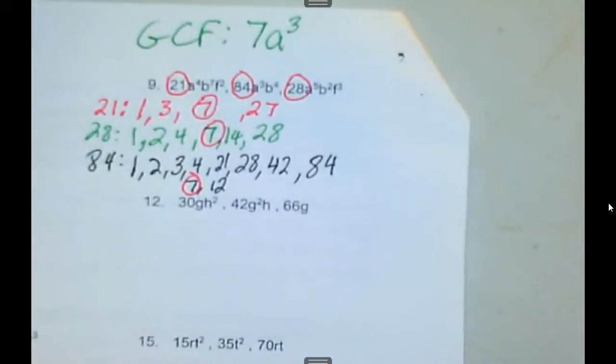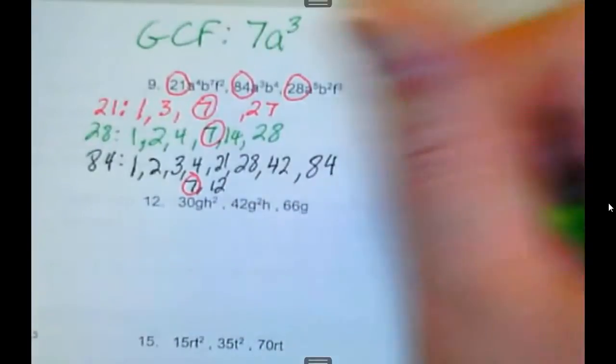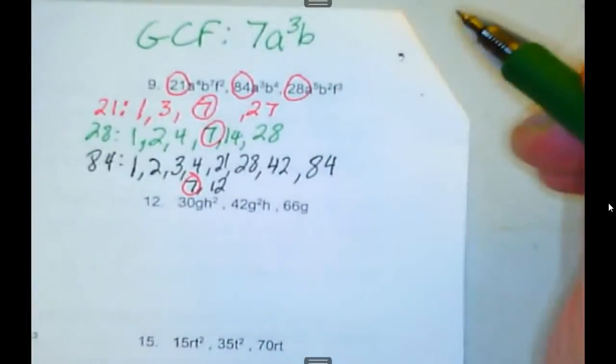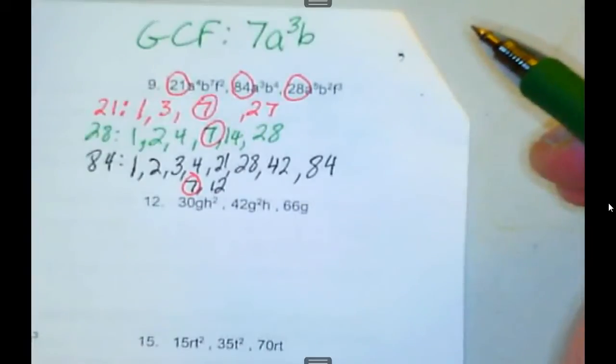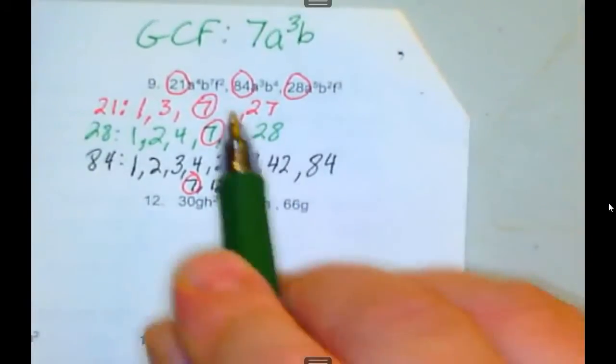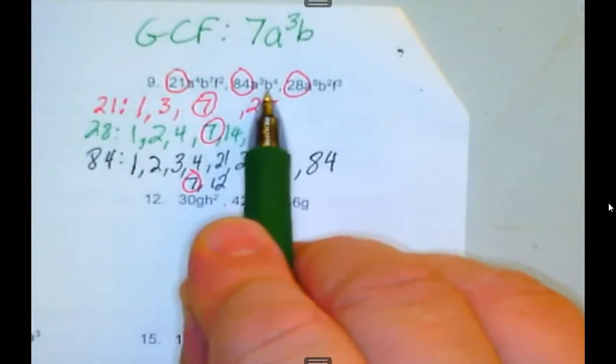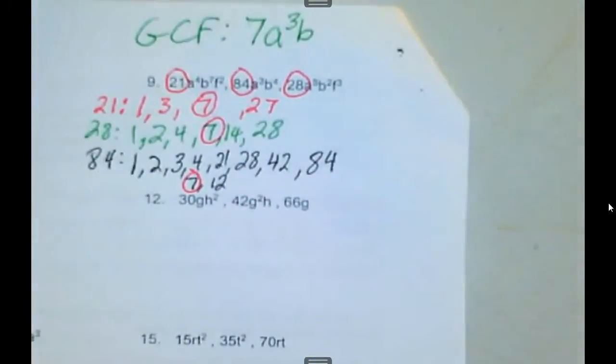How many B's can I take out at the same time? 2. Any F's? None. This middle term, 84A cubed B fourth, doesn't have an F variable. So I'm done.